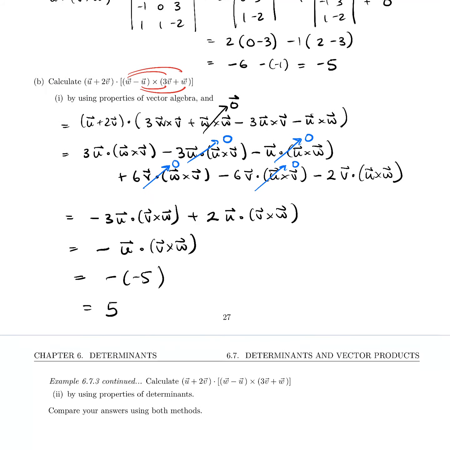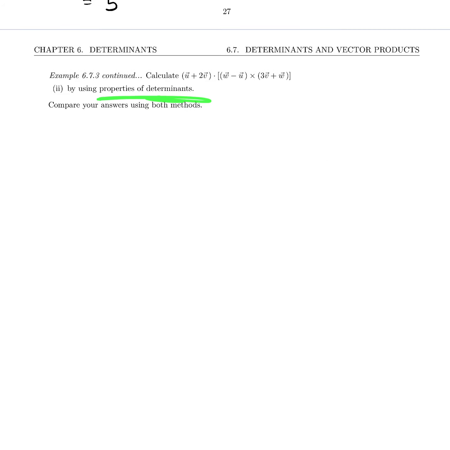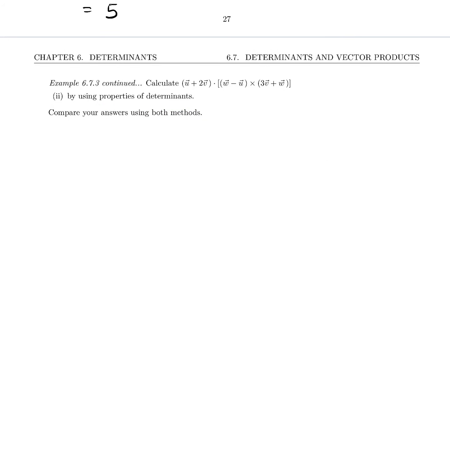Now we're going to do the exact same thing by using determinants. So let's go over here. We can write this whole expression as a triple scalar product. It's this vector dotted with that vector crossed with that vector. So I can put this as row 1, this as row 2, and this as row 3 in a determinant.